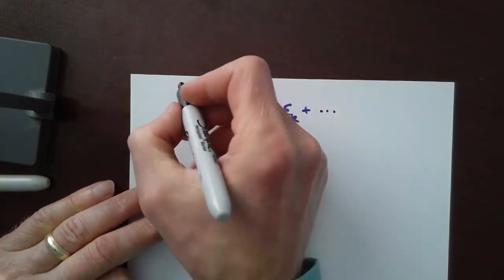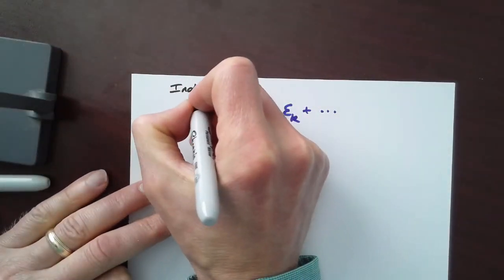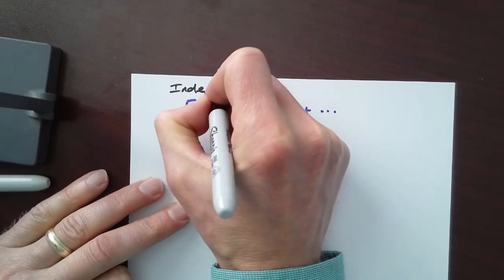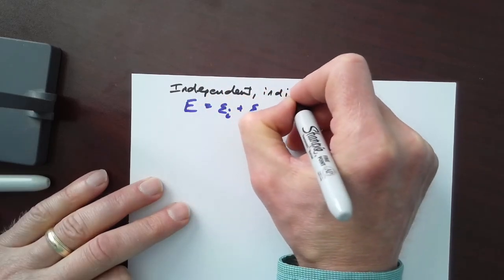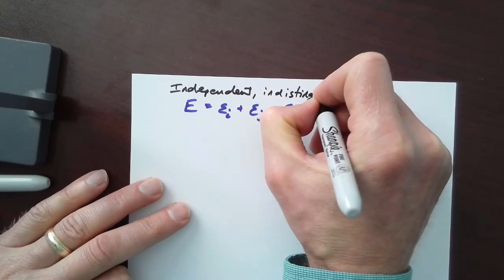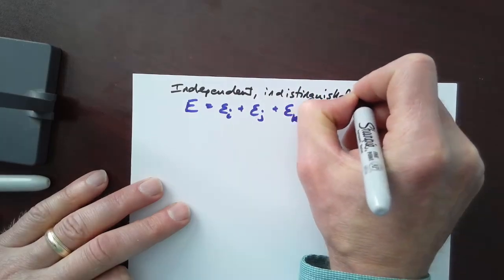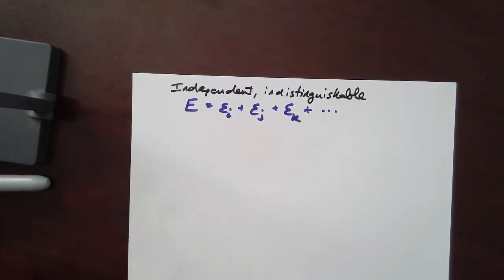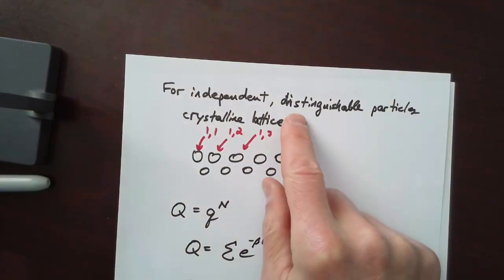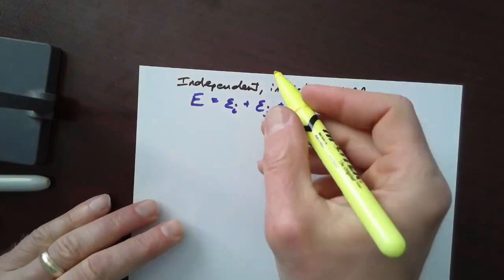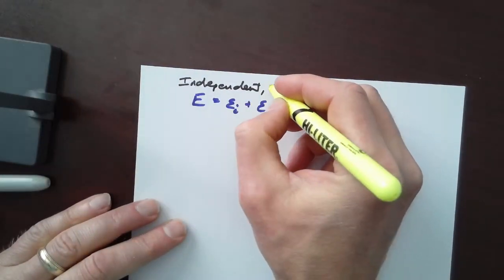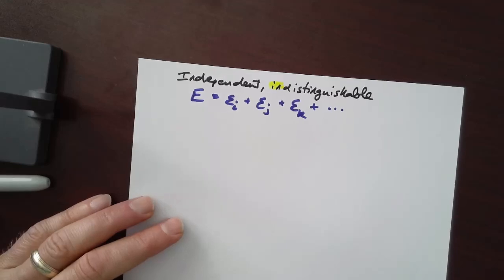This is independent, indistinguishable. So not distinguishable. Remember, this one was distinguishable. Here, this is indistinguishable. They're not distinguishable amongst each other. Okay.